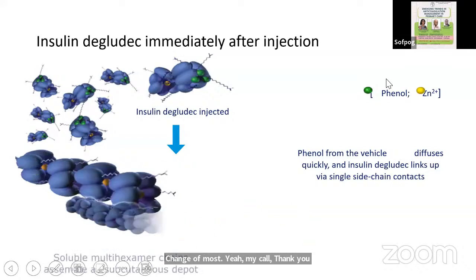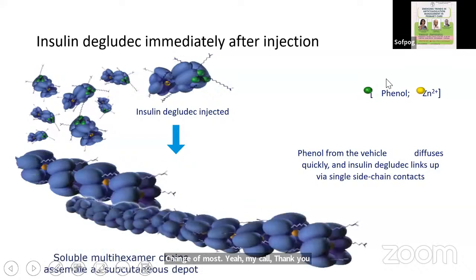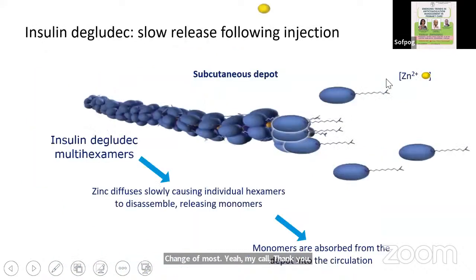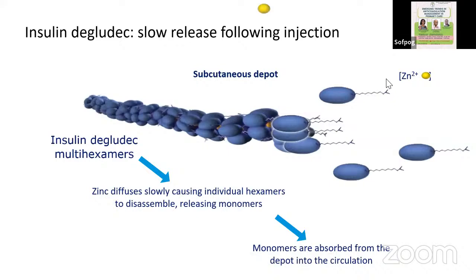Then it breaks down from hexamers into monomers, and when the monomers are released, they can be absorbed into circulation. So Tresiba basically forms a depot in the subcutaneous tissue. That is how it works. Because of this property, it confers a predictable mode of action.